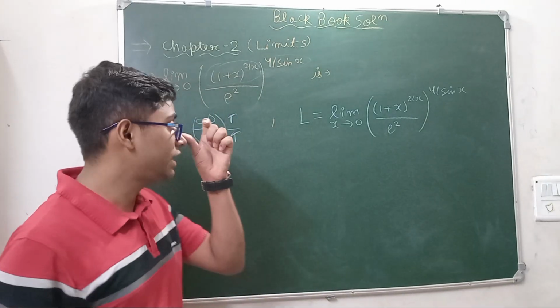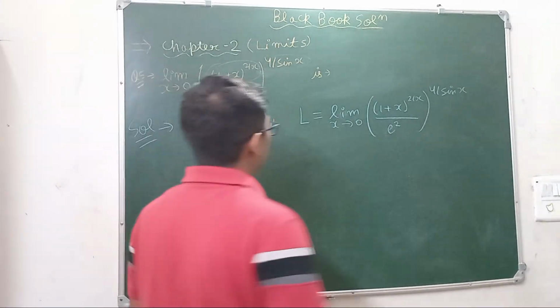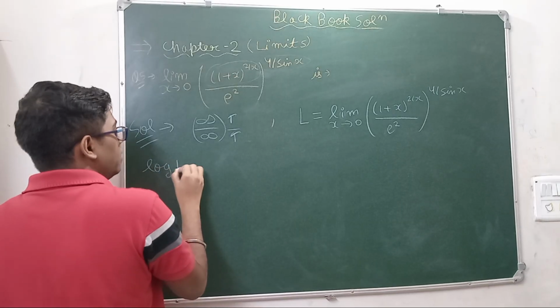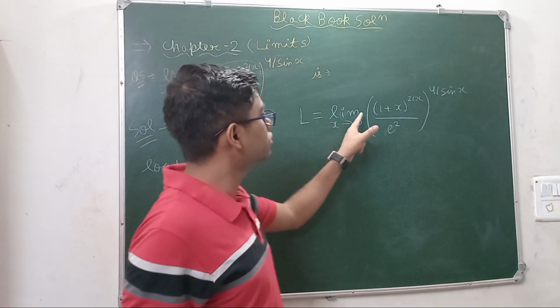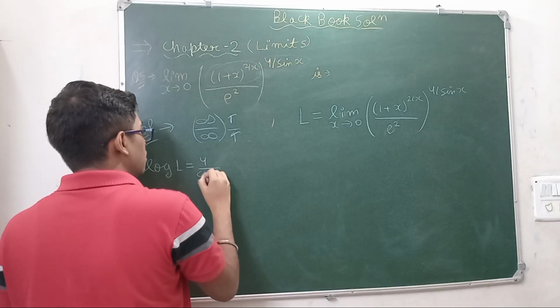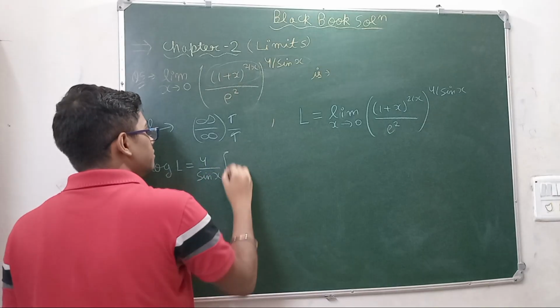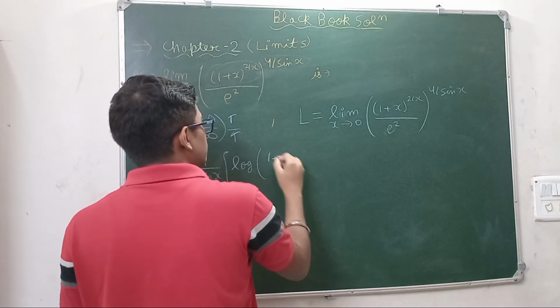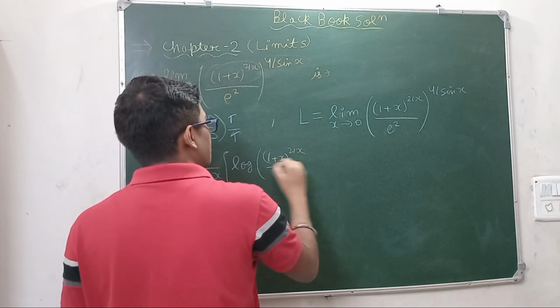Okay, now taking log on both the sides. So log L will be equal to what? If you take the log, then 4 by sin x will come forward, 4 by sin x and log of (1 plus x) to the power 2 by x upon e square.